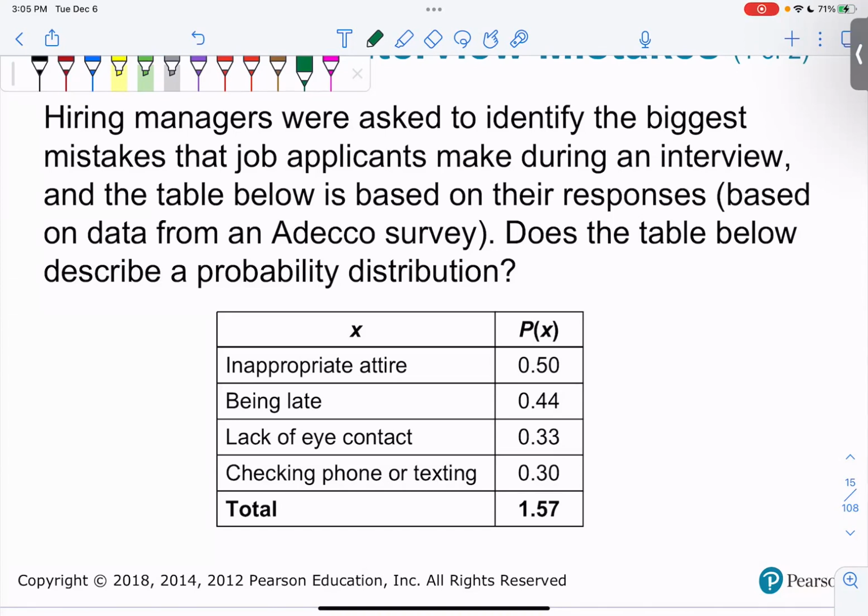Check the 3 requirements. You have 3 requirements, right? Check those. No. Why? So the summation, yes, this is 1. The summation is greater than 1. So this summation must be equal to 1, right? So this is not equal to 1. So this is not a probability distribution.